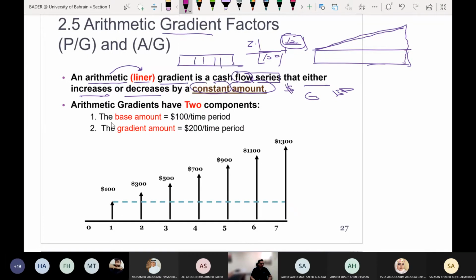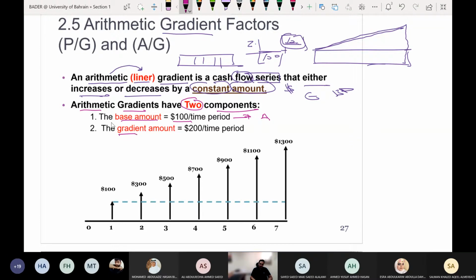What do we have here? It says an arithmetic gradient has two components. So what are these components? According to any arithmetic gradient, you always have a base amount, which is 100, which normally is my annuity. Let's say my salary. What about the gradient?